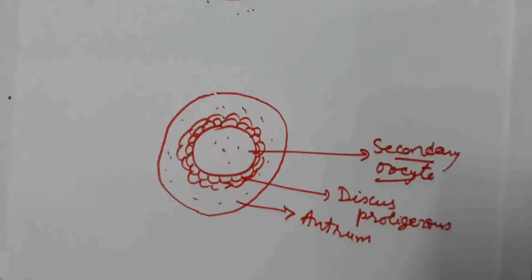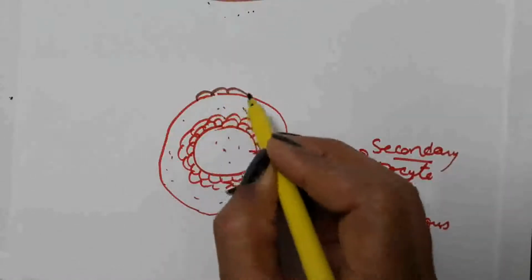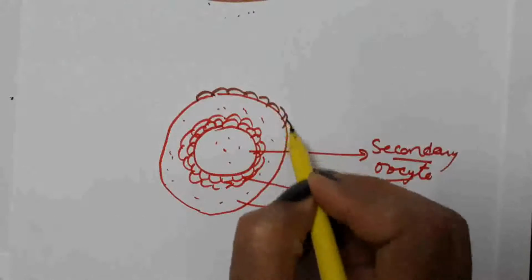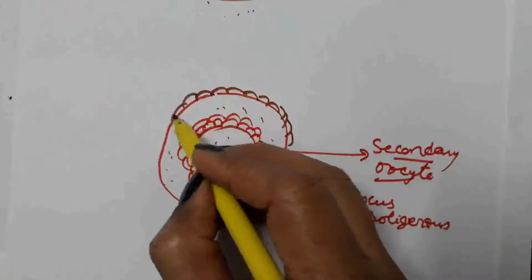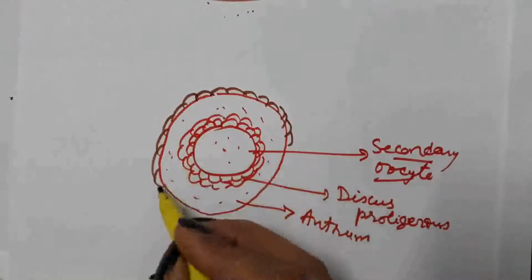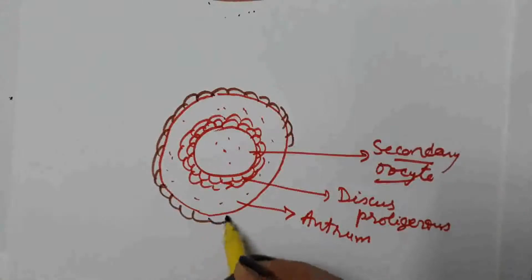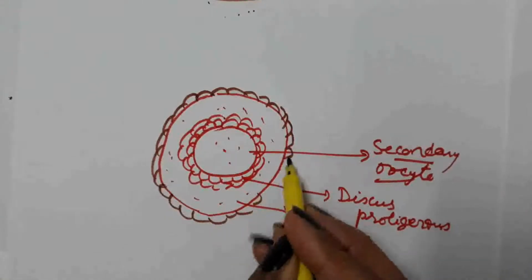Antrum is surrounded by many layers of cells.